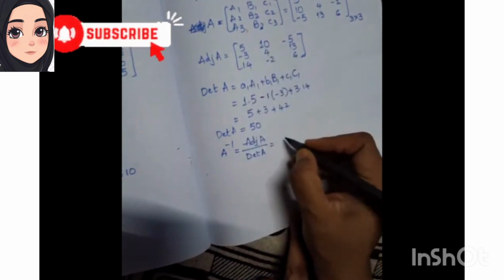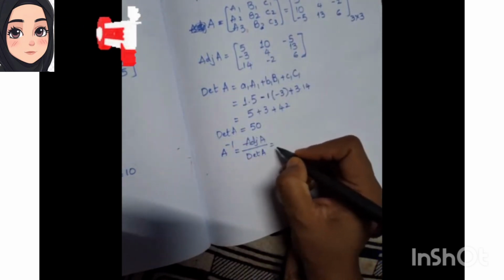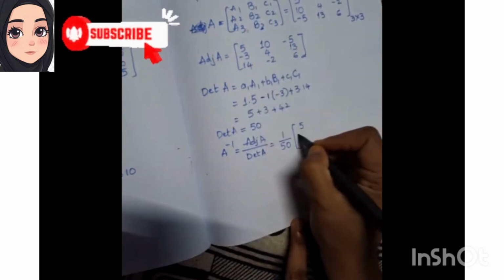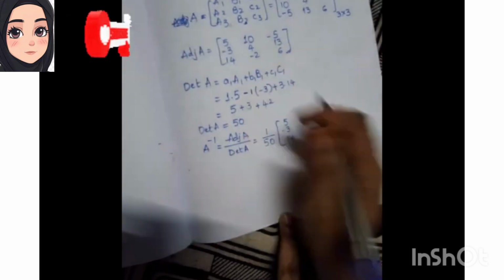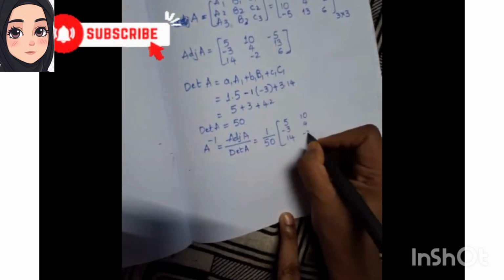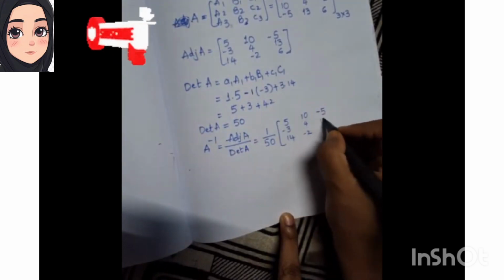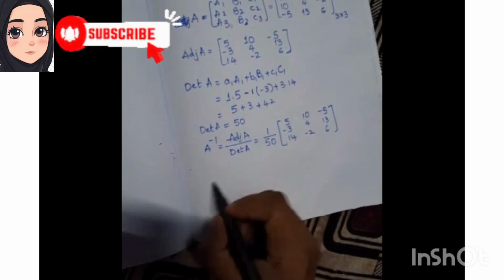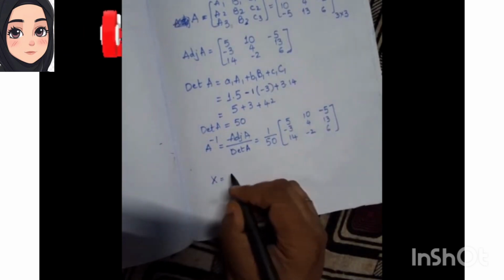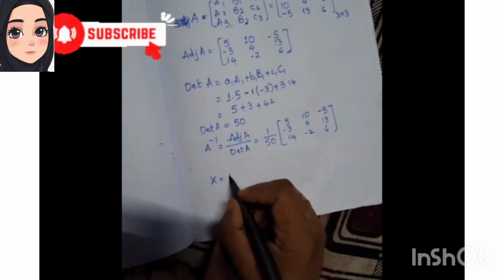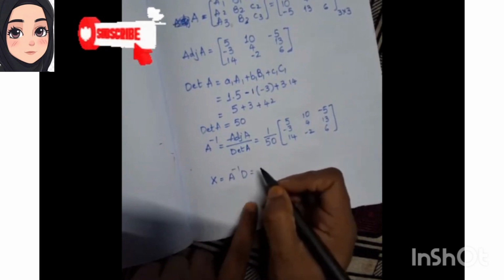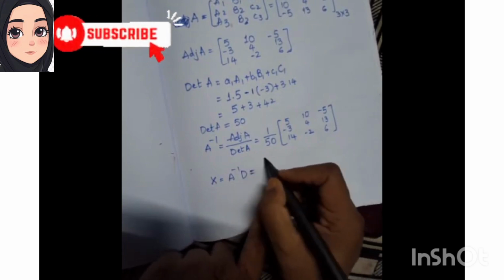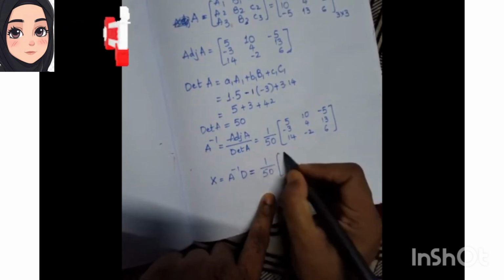Now we have to find the values of x, y, z. So A inverse D, step by step I am writing here how to find the values of x y z. So 1 by 50 into the matrix 5 10 minus 5, minus 3 4 13, 14 minus 2 6, into D. D is the constant values given in the question, that is the column matrix 5 0 5.